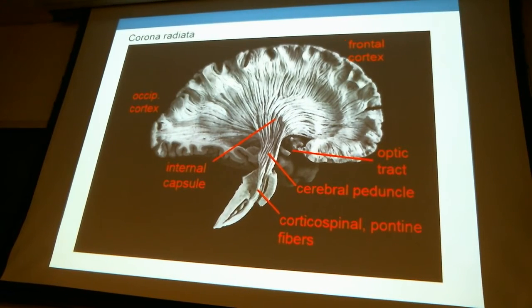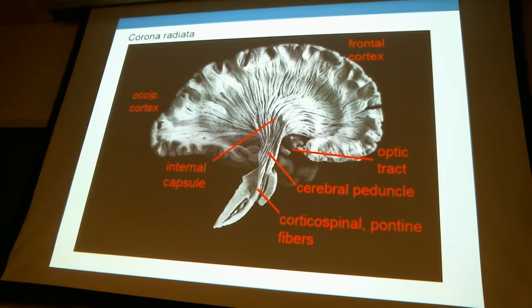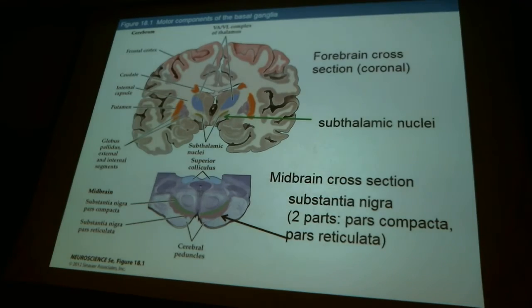And what you're looking at is this sort of fan-like projection of these fibers from the cortex. And I think there's ascending and descending components here, but they're all sort of in this fan shape. And I just think this is a really cool picture. But that gives you an idea of where all those fibers are coming and going. But again, it has nothing to do with basal ganglia. It's just kind of a good landmark for our purposes.